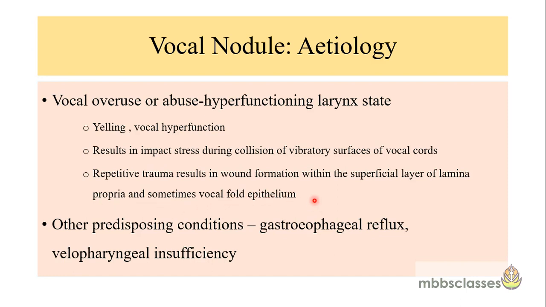So certain groups of professions like singers, teachers, and hawkers, when they have to use their voice regularly, suffer from repetitive trauma. There are certain predisposing conditions which can precipitate the nodules' signs and symptoms. It can be gastroesophageal reflux and sometimes velopharyngeal insufficiency.